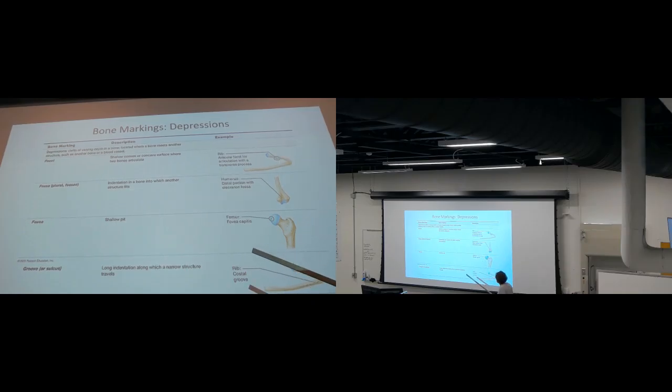Now, a fossa, or fossae in the plural, is an indentation in a bone where another part of a bone fits. In this case, you are looking at the distal end, the posterior part of the humerus. The humerus has a fossa that is called the olecranon fossa.